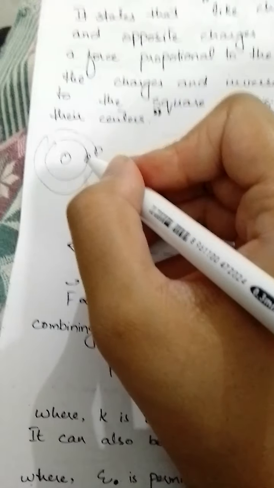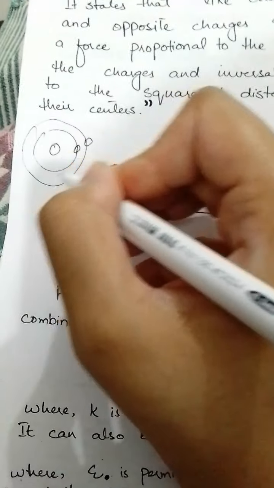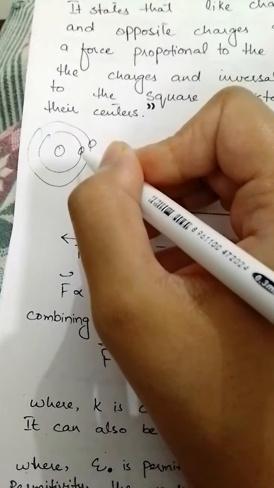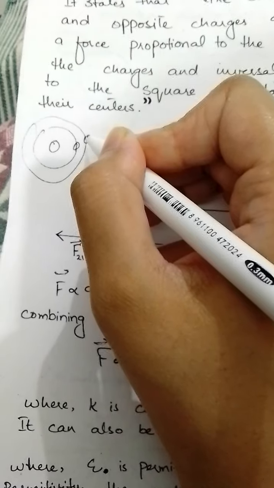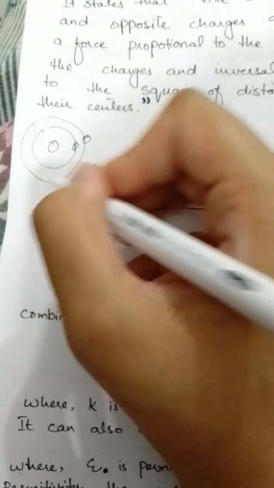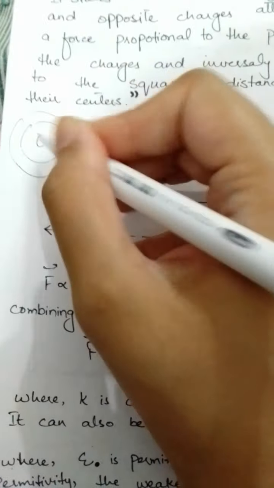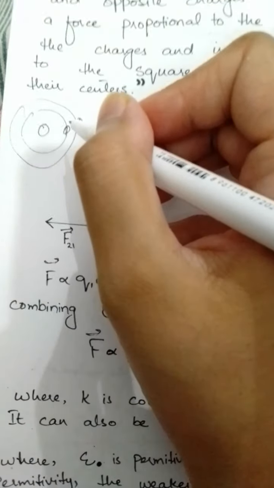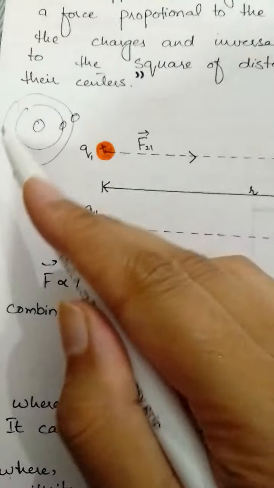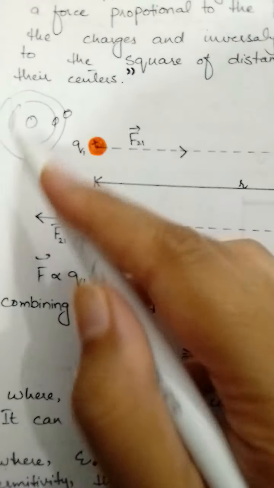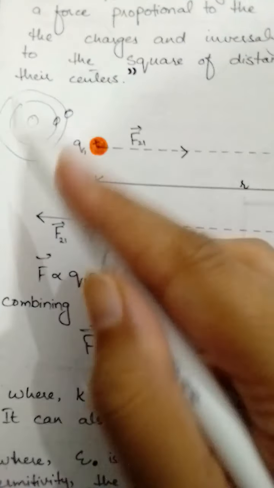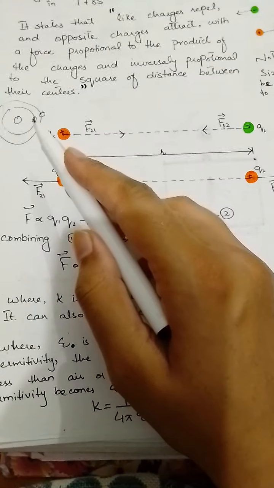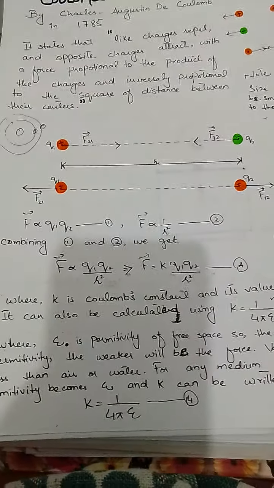If these electrons are moving with constant velocities and not jumping to other shells or orbits, and are continuously revolving around the nucleus, then these electrons will be called stationary. If they're not accelerating and not producing an external electric field, then these will be called stationary charges. And Coulomb's law is applicable to these kinds of stationary charges.